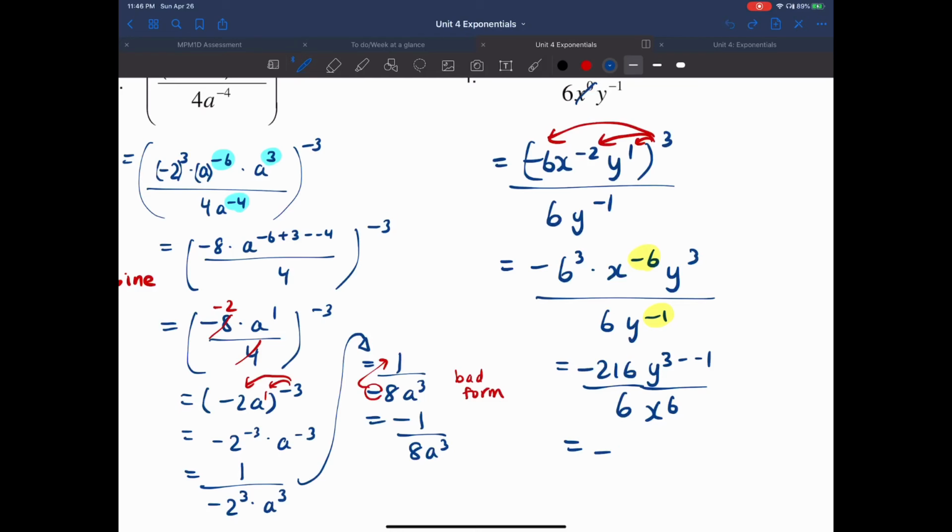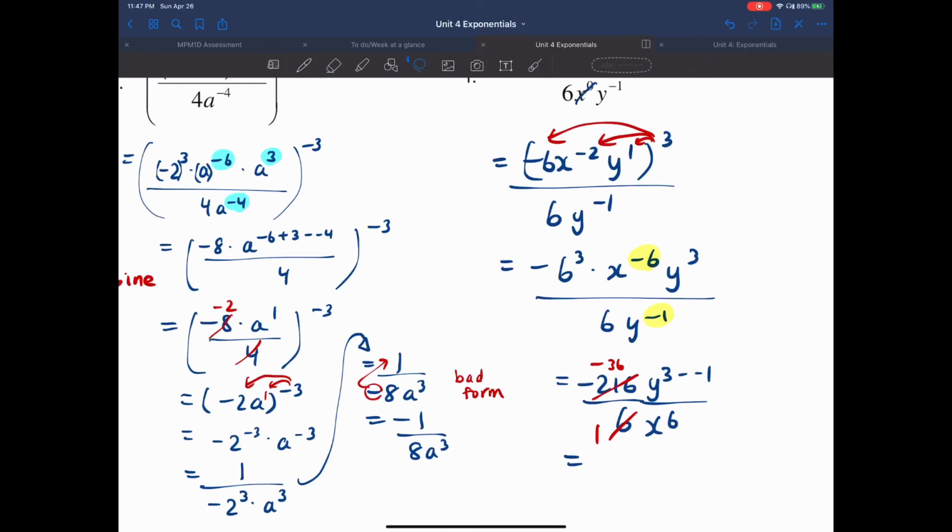I have to subtract it by the quotient rule. So I have -216 over 6, which simplifies, right? So it simplifies to -36 over 1. So I'm going to do that part first. Meanwhile, 3 minus -1 is a 4.